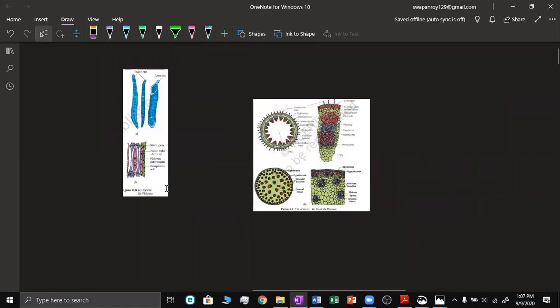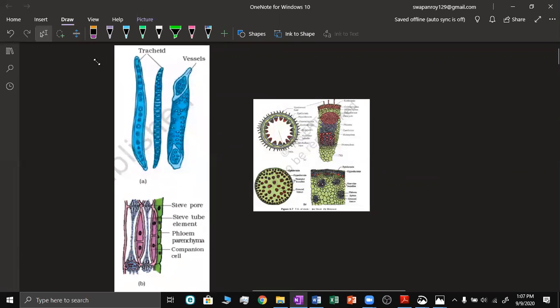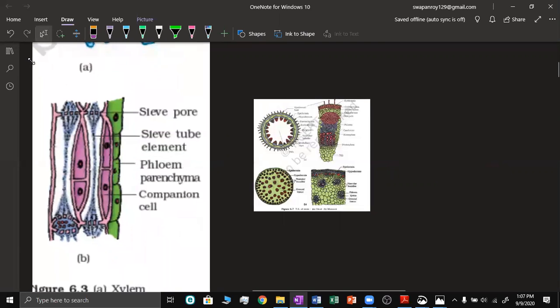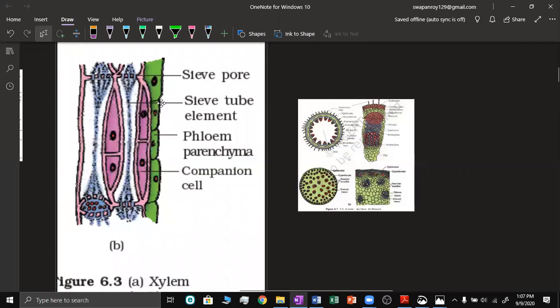I think you can see the anatomical structure of the phloem, and here is the sieve cell. These are the companion cells.